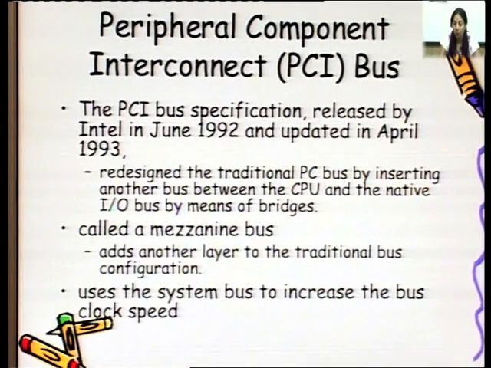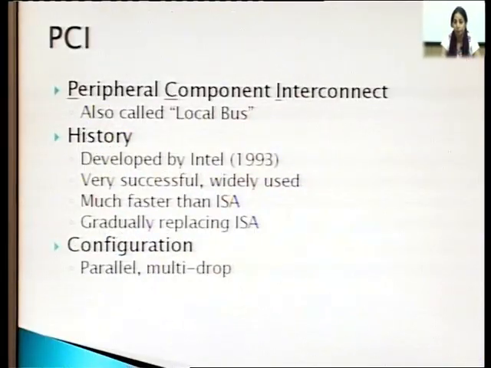The introduction of PCI slots alongside ISA or EISA slots is because the speed of PCI slots is very fast as compared with ISA slots. So, it is a local bus.